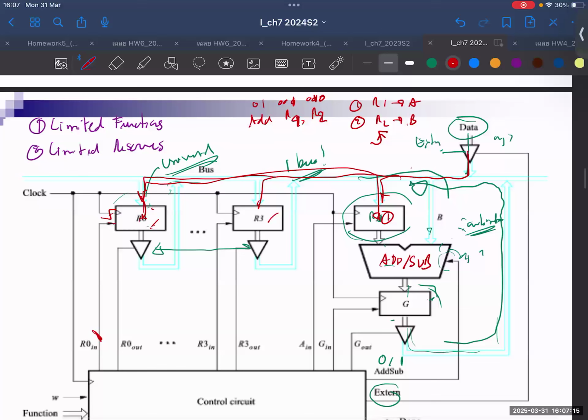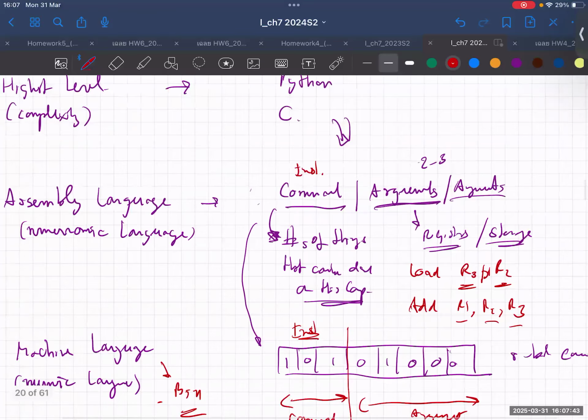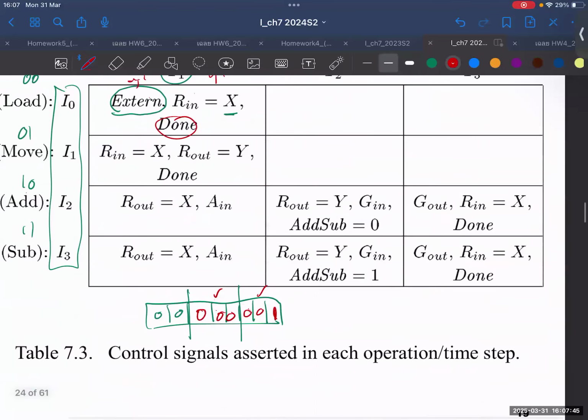The result will come out at G, so it will be stored at G. Then move G back to R1. You can see the steps here. So you actually have to do sub steps in order to complete this command. Just one command, but you have to do several steps. It's not just a simple command. So you actually need three steps to do this.